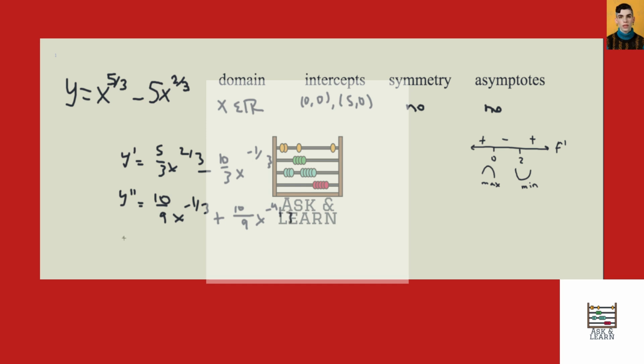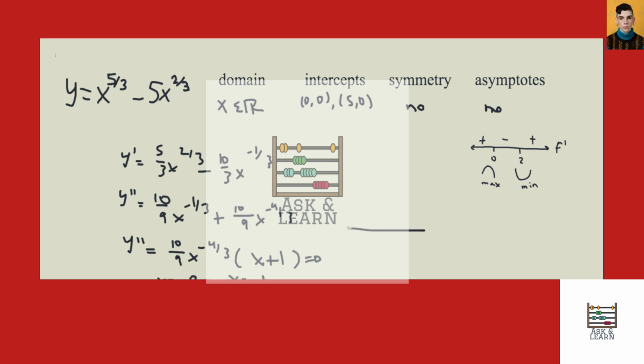We can factor this out: y double prime equals (10/9)x^(-4/3)(x + 1). If we set this equal to 0, we have x equals 0 or x equals negative 1.